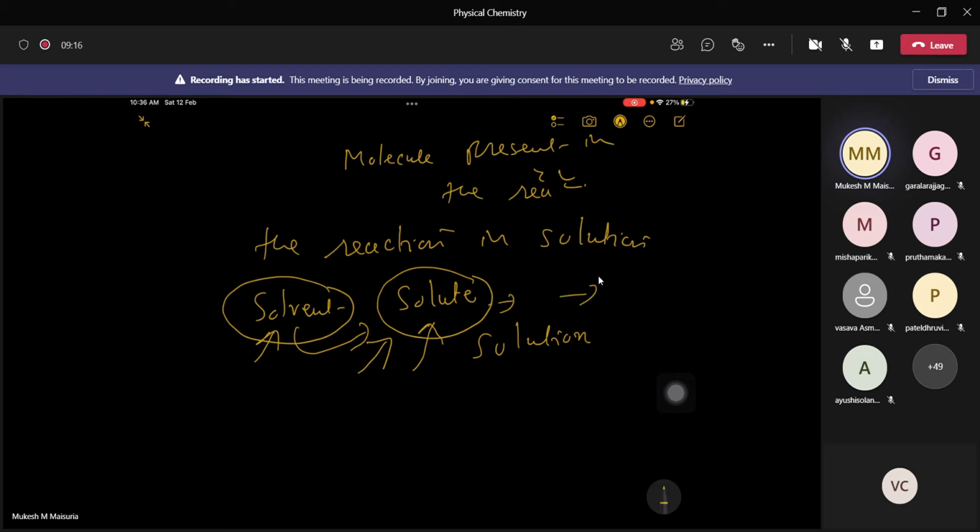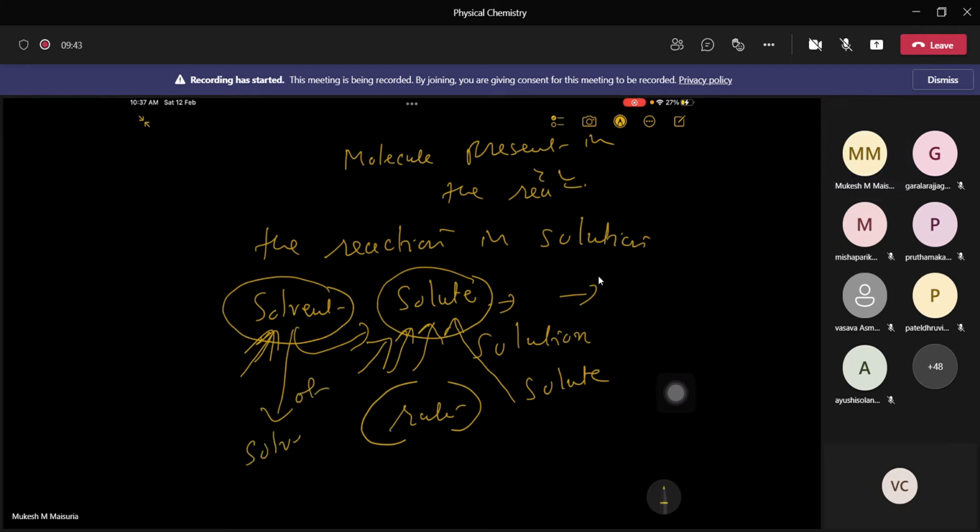So we have to consider two points, that solute is there and solvent is there. What is the effect on the rate of reaction due to the solute property, and what is the effect on the rate of the reaction of the solvent property? Because we are talking about the reaction in solutions.